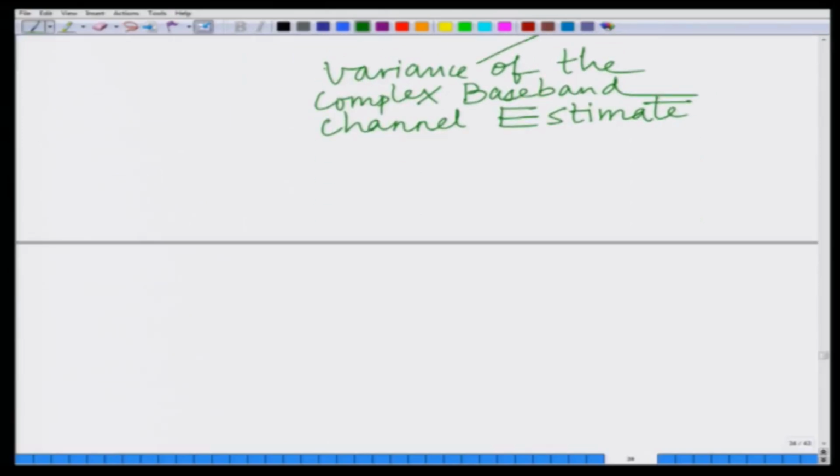Further, we have computed the variance of the complex baseband channel estimate, and we are saying that it is 1 over 7. Further, remember, we are assuming 0 mean symmetric complex Gaussian noise of variance 3 dB, that is of power 2.